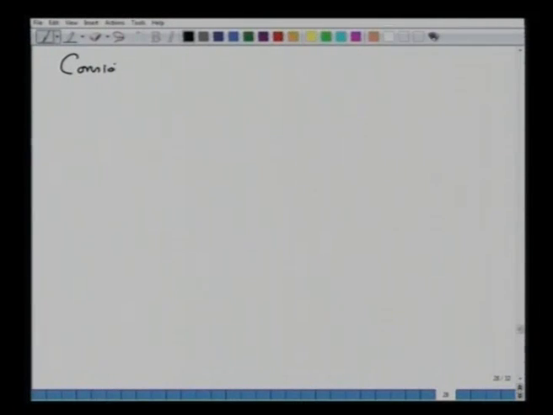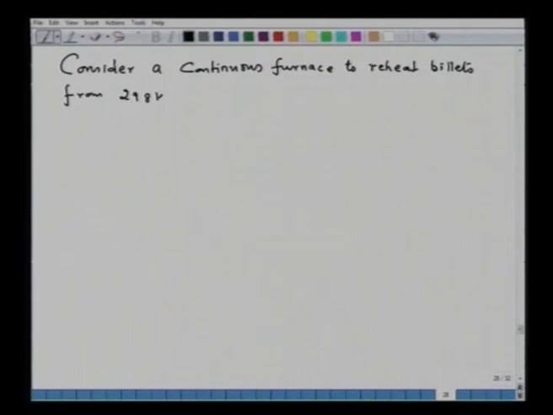Let us consider a continuous furnace to reheat billets from 298 Kelvin to 1400 Kelvin for thermomechanical processing.